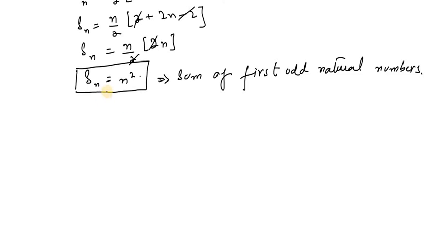Now n square is the sum of first n odd natural numbers. 1 plus 1 over n times n square is equal to the sum of the n even natural numbers.